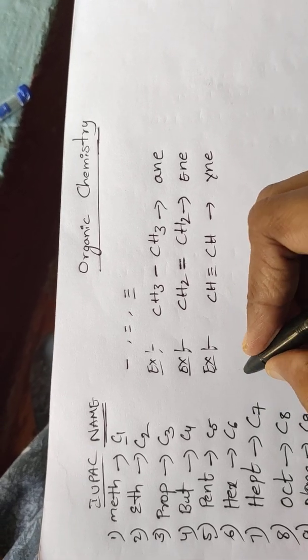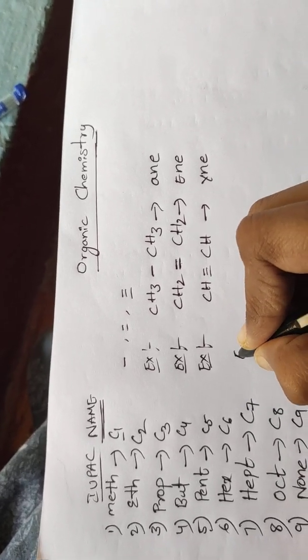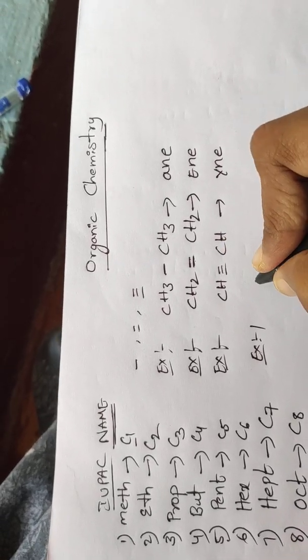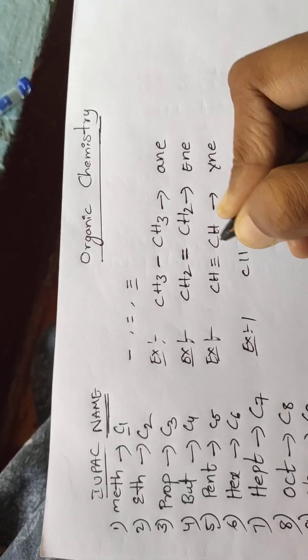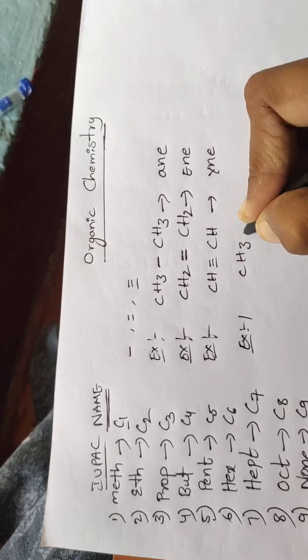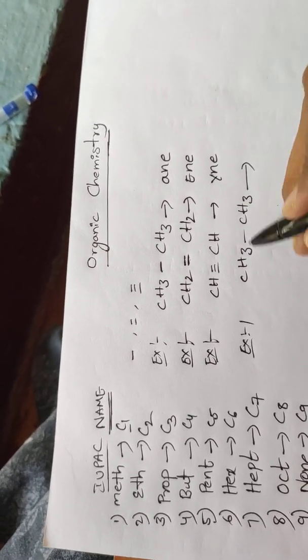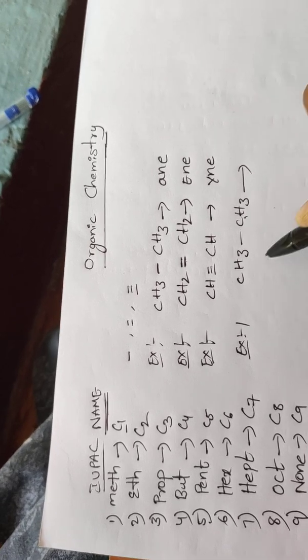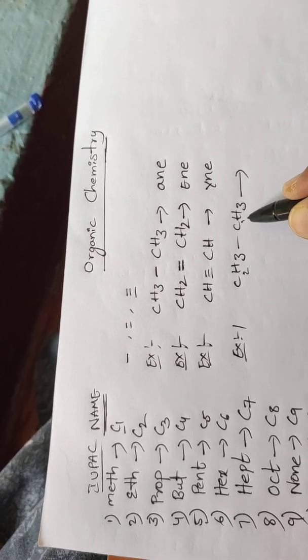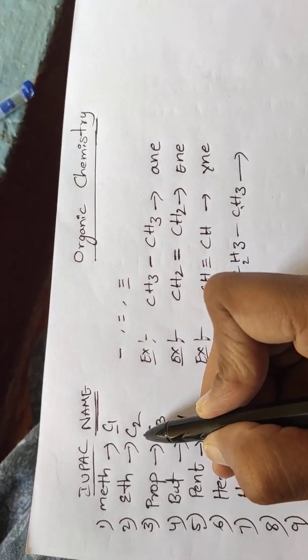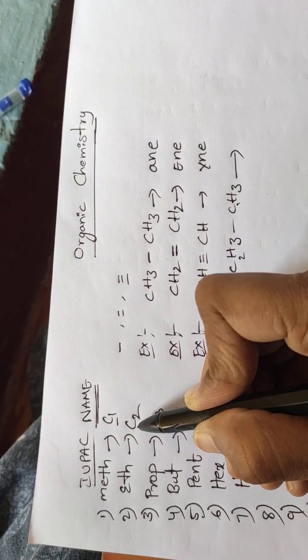Next, how to give the IUPAC name through single bond, double bond, triple bond. Suppose you take example 1, CH3 CH3. First you have to count how many carbons are there. 1 and 2, so 2 carbons means you have to take eth.